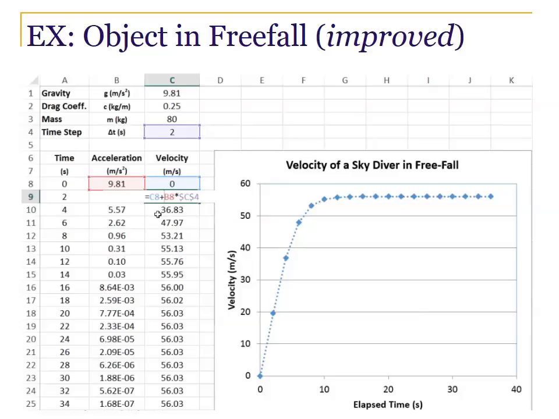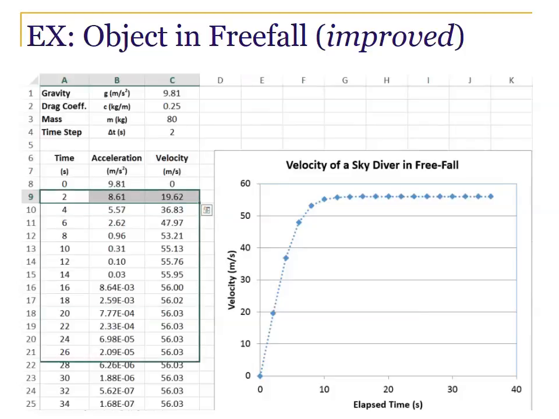The new value of velocity equals the old value of velocity, in this case cell C8, plus the old acceleration, or slope, which is dv/dt, acceleration, which is cell B8, multiplied by my time step, which is cell C4. My time step stays the same, so I can anchor that cell. At this point, everything else is just drag and drop.